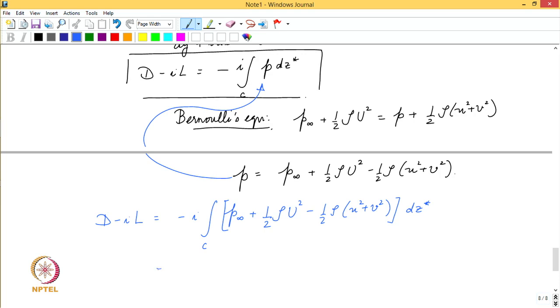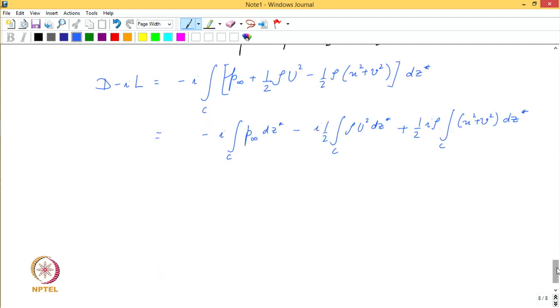And so, what we get is minus iota P infinity dz star minus iota half rho U square. Well, I can maybe keep it inside just to make a point here, that I can say this is integral of rho U square dz star plus, we can write the last term will be half iota rho u square plus v square dz star.